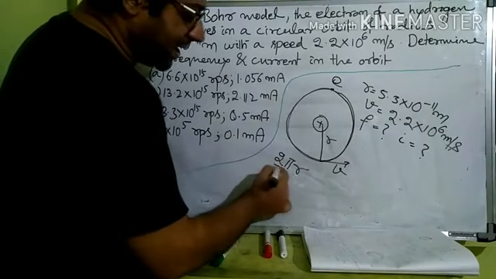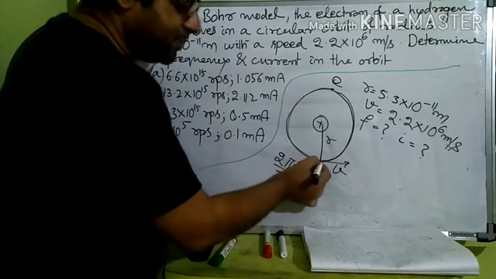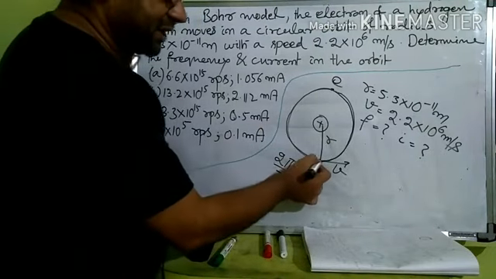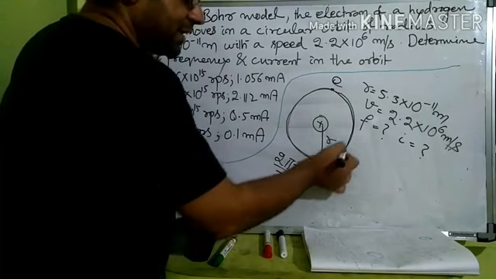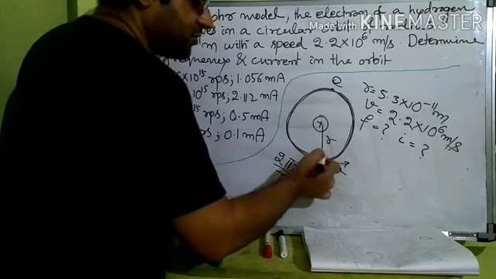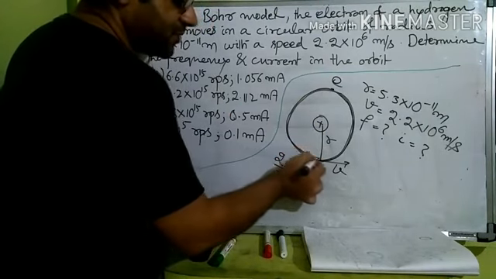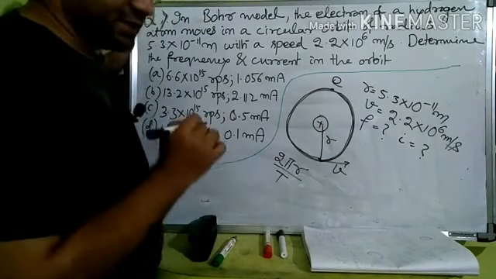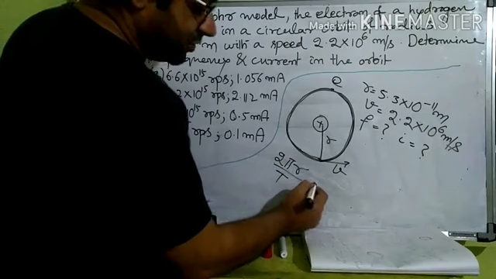Let the time period of this rotational motion be capital T, the time taken to make one complete revolution about the nucleus, the proton at the center. So 2πr by T is equal to V.